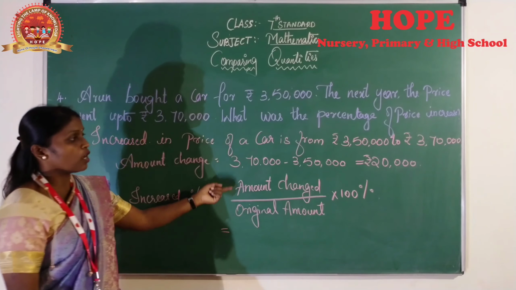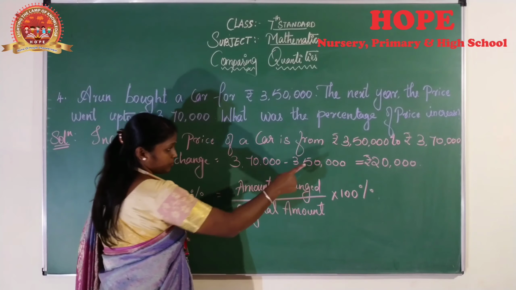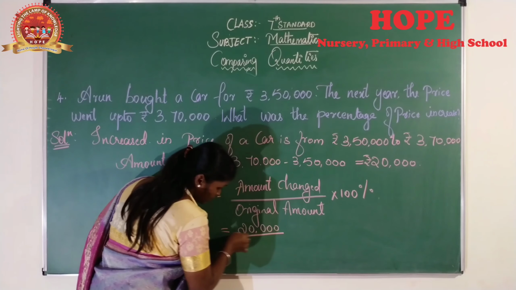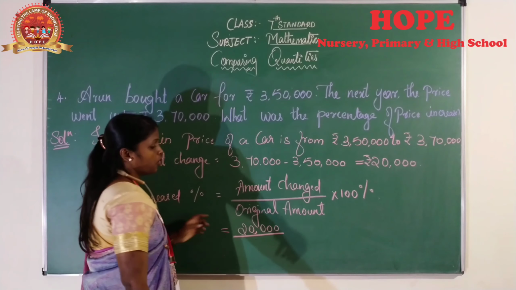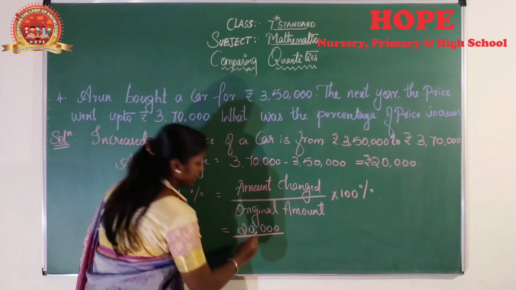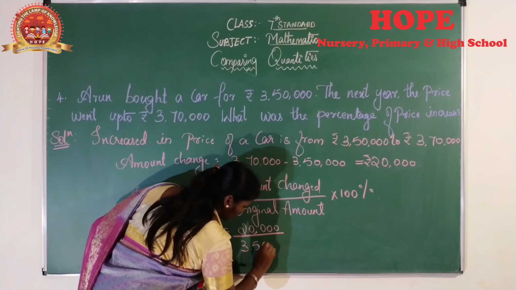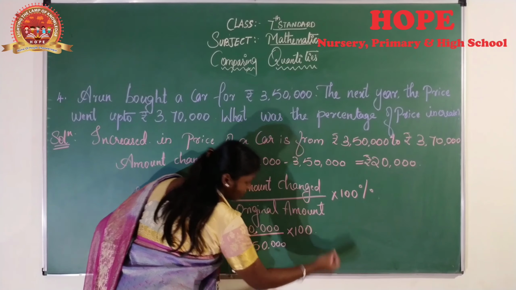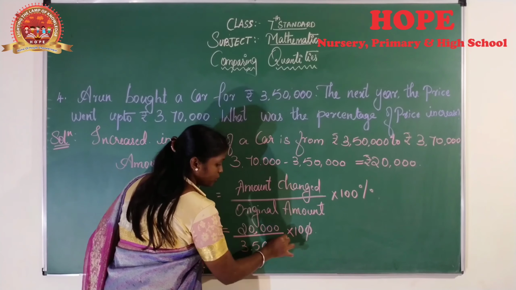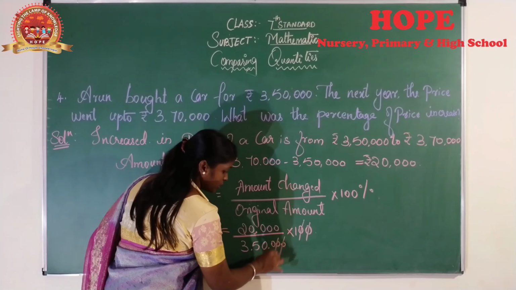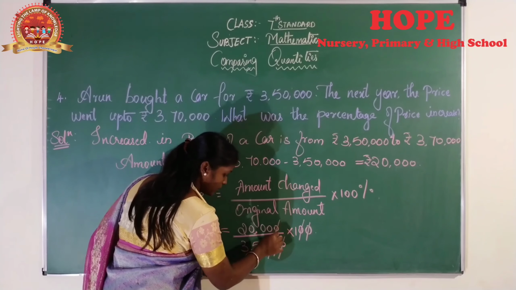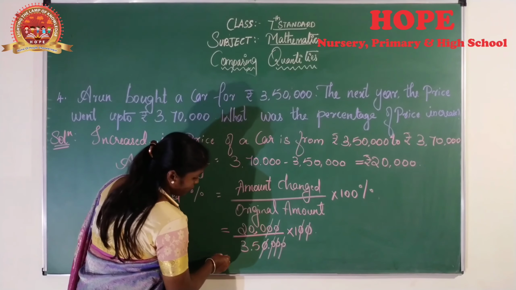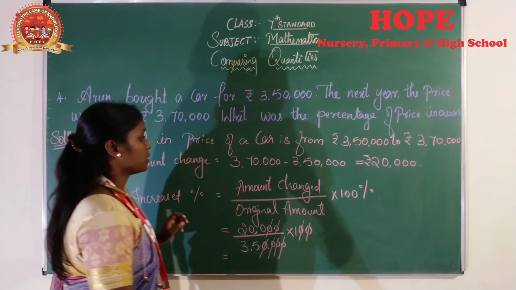So amount change is how much? 20,000. Then the original amount is how much? 3,50,000, into 100. So 0, 0 cancels out, 0, 0 cancels out, 0, 0 cancels out. Now we have to do the division process.